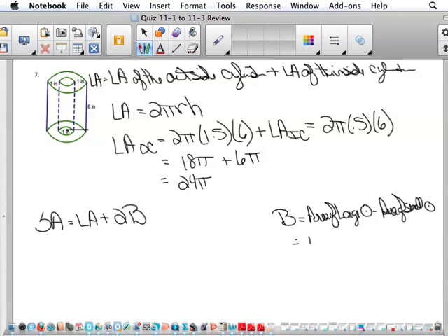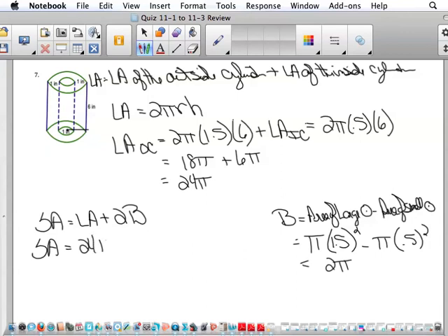So in this case, that's pi times the radius 1.5 squared minus pi times the radius 0.5 squared. So that's going to give me 1 base is 2 pi. So the total surface area is the lateral area, 24 pi, plus 2 times the area of a base, 2 pi, which gives me a total surface area of 28 pi.